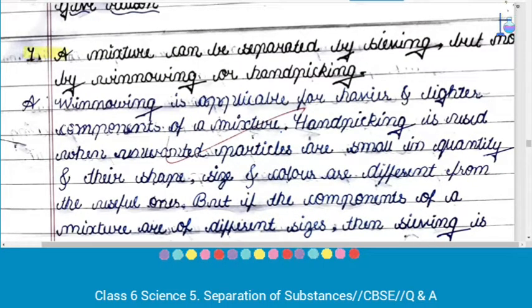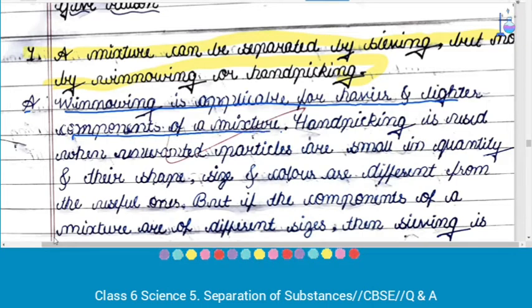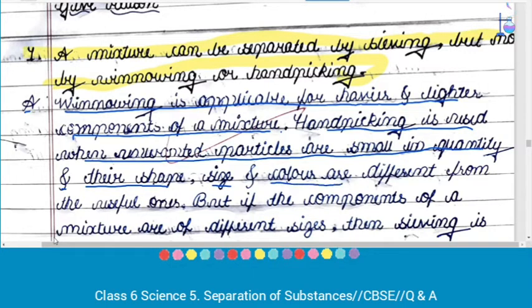Question number 1. A mixture can be separated by sieving but not by winnowing or hand picking. Answer. Winnowing is applicable for heavier and lighter components of a mixture. Hand picking is used when unwanted particles are small in quantity and their shape, size and color are different from the useful ones.